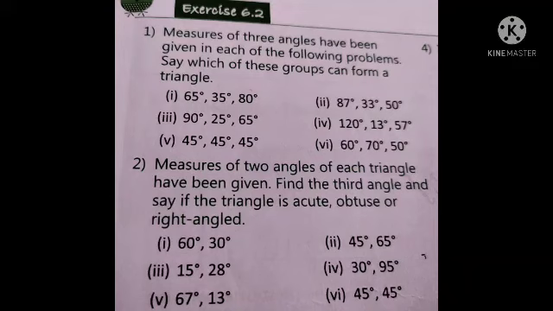So you get the three angles of the given triangle as 60 degrees, 30 degrees, and 90 degrees. And if one angle of a triangle is 90 degrees, that triangle is called a right angle triangle. So this triangle is a right angle triangle.